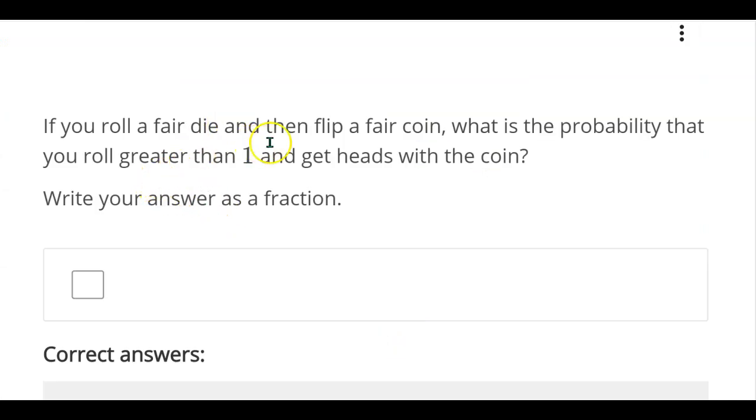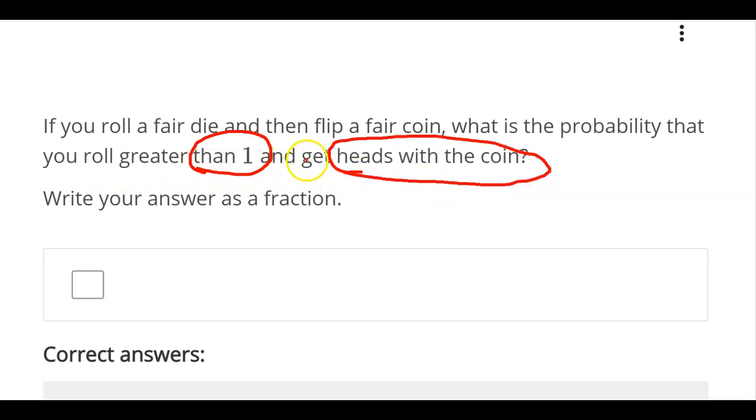If you roll a fair dice and then flip a fair coin, what is the probability that you roll greater than 1 and get a heads on the coin? They're asking you the probability of rolling greater than 1. How many sides does the dice have? 6, right? A fair die has 6 sides. Rolling greater than 1 and getting a heads on a coin.